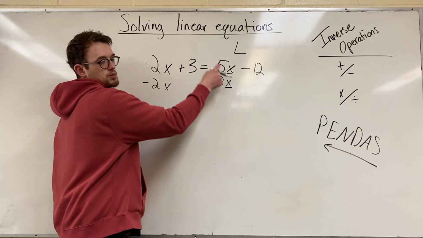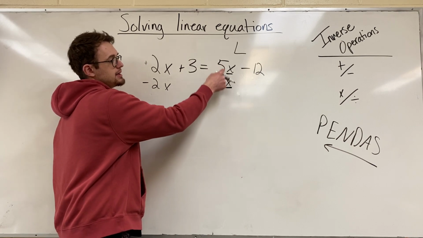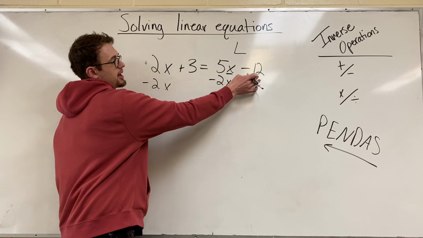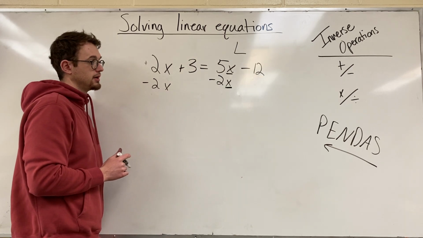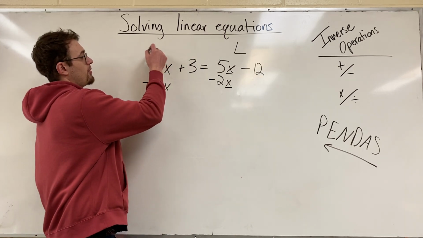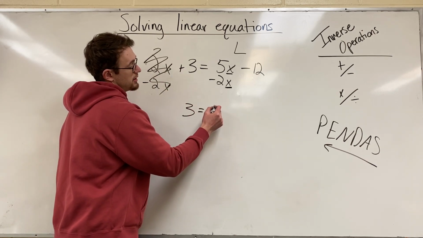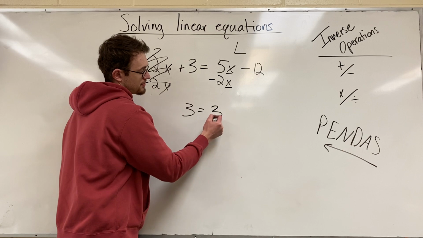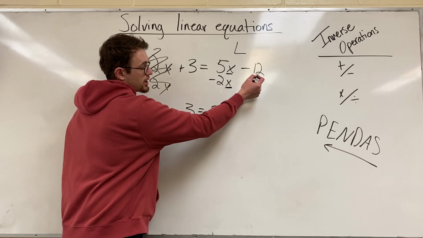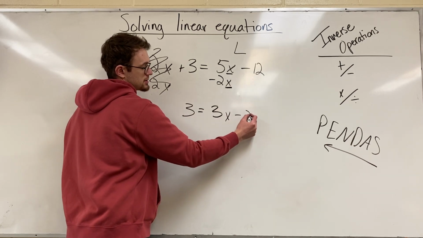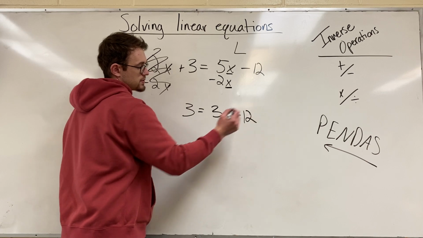So you subtract these ones. These x's do not combine with this 12 or this 3. All right, whole point, that's gone. So I have 3 equals 5x minus 2x. And then I did nothing with this guy, so I still just have minus 12 over there.